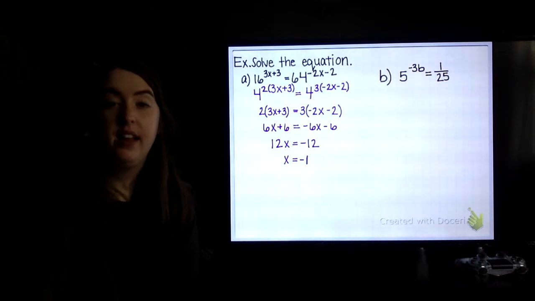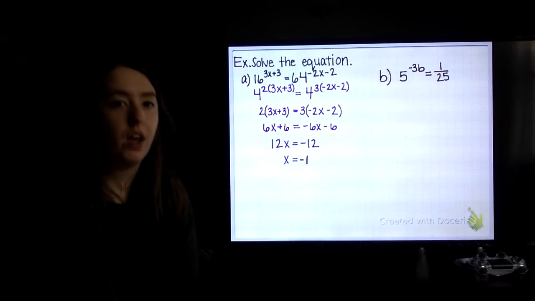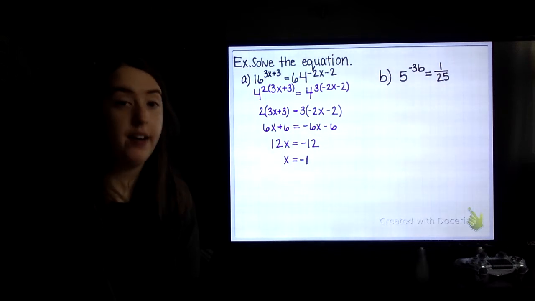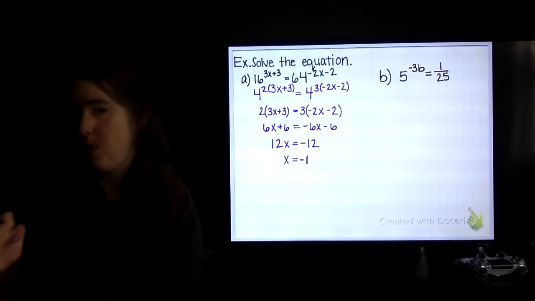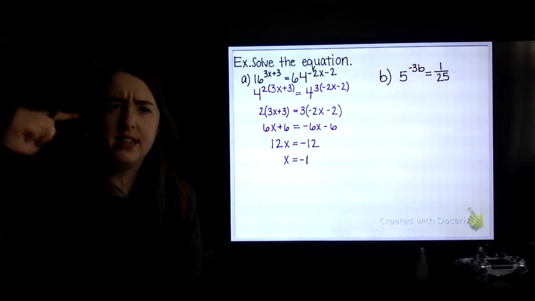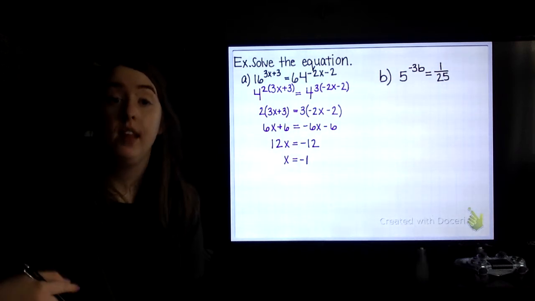Okay. In this next one, it says that 5 to the negative 3b power equals 1 over 25. So here's a few things that you might be thinking. Okay, cool. I know that 5 squared is 25. Wonderful. How do we get that 25 to the bottom?